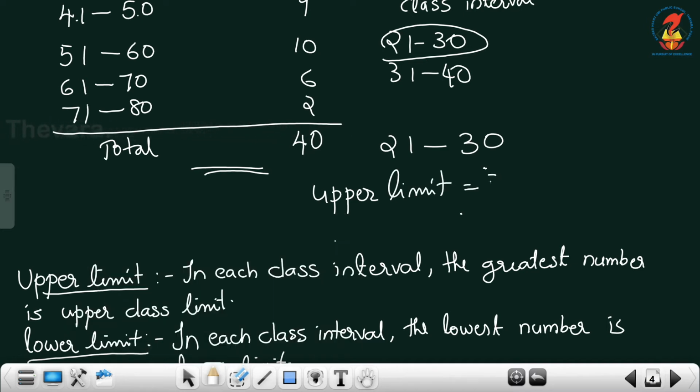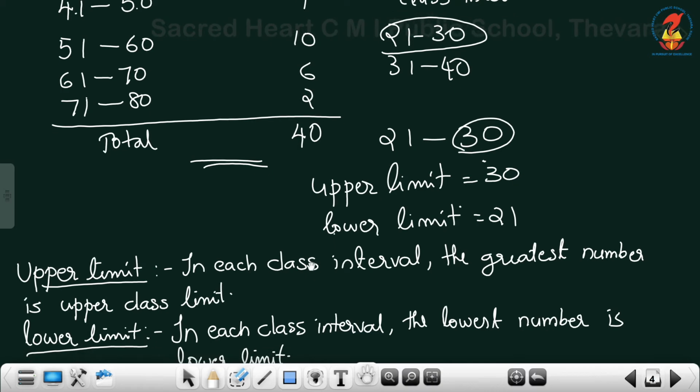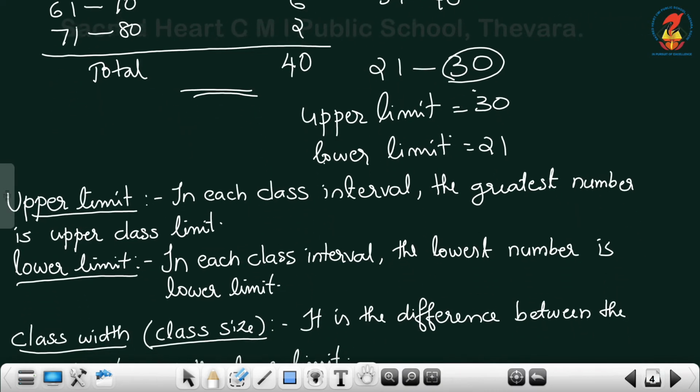Upper limit equal to 30, lower limit equal to 21. In each class interval, the greatest number is the upper class limit. This is the upper class limit, 30. The lower class limit means the lowest number in each class interval.